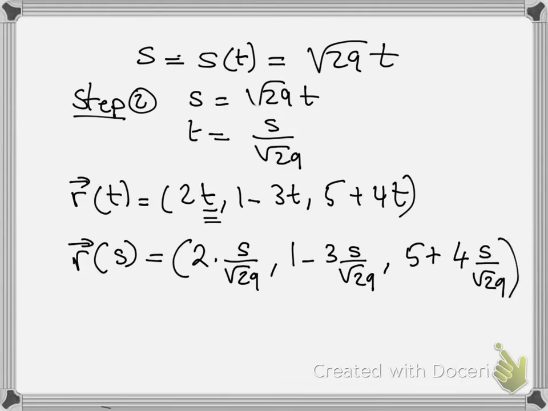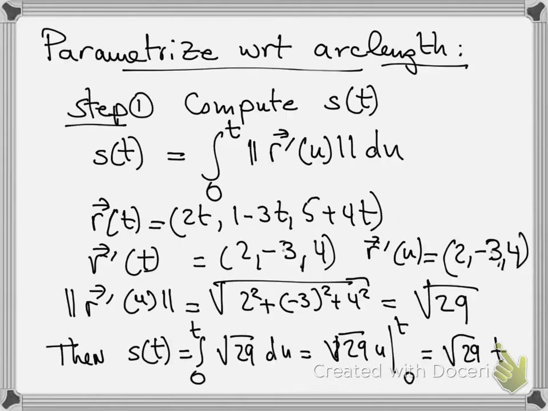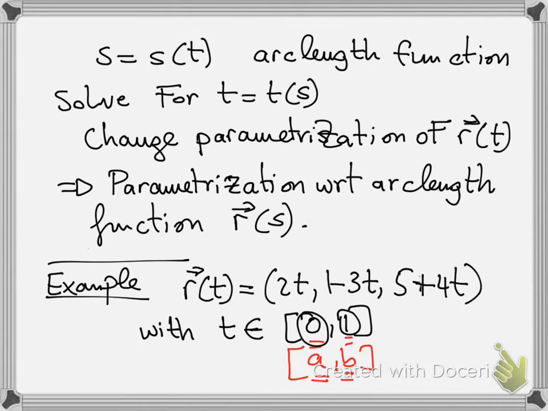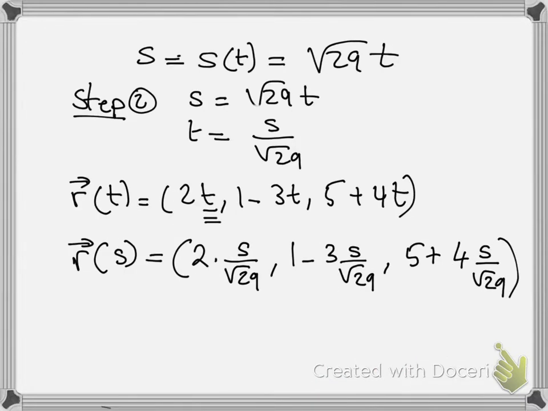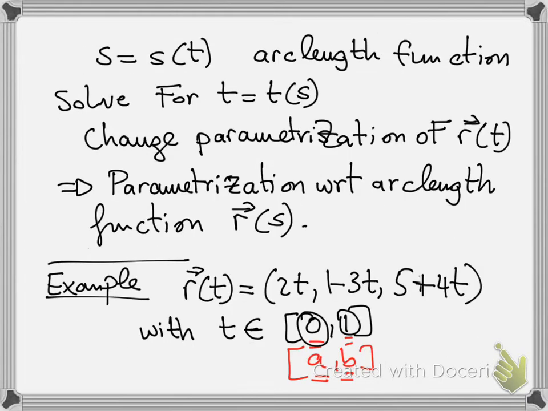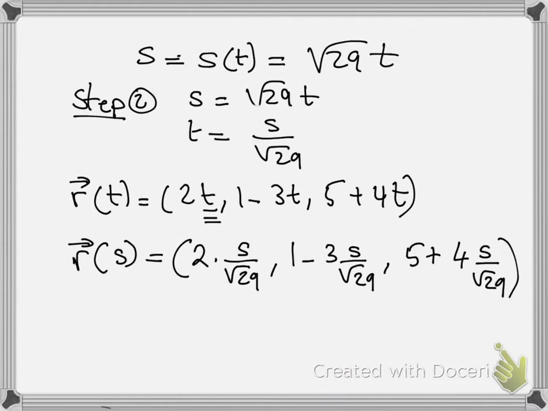And just one thing here about t. We said t is in the interval [0, 1], right? If t is 0, then s would be square root of 29 times 0, which is 0.